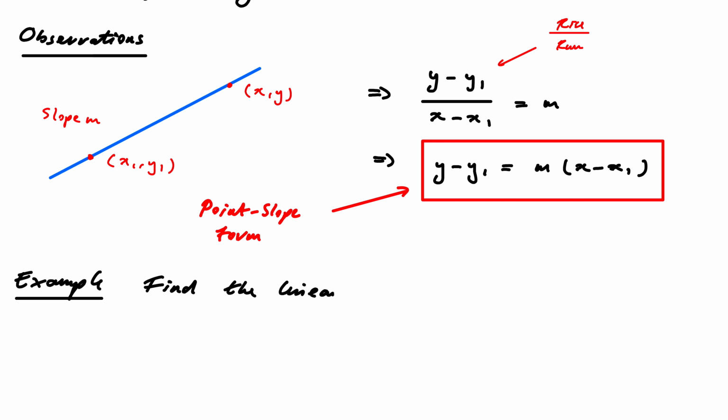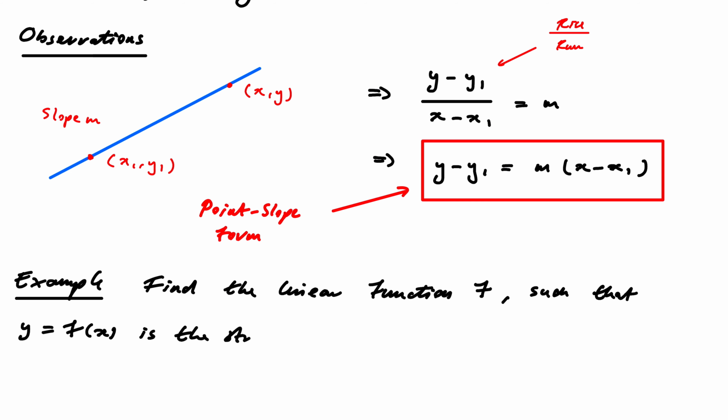Find the linear function f such that y equals f of x is the straight line. It's always going to be a straight line because it's a linear function.